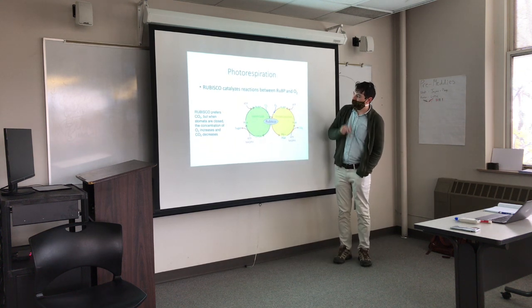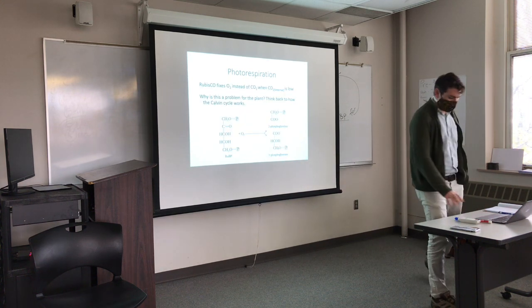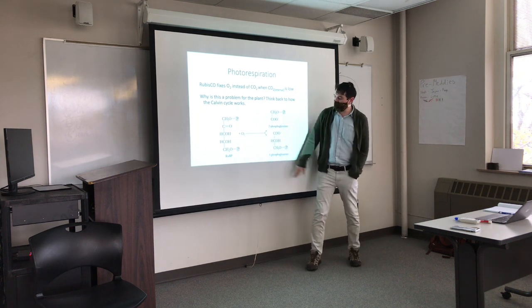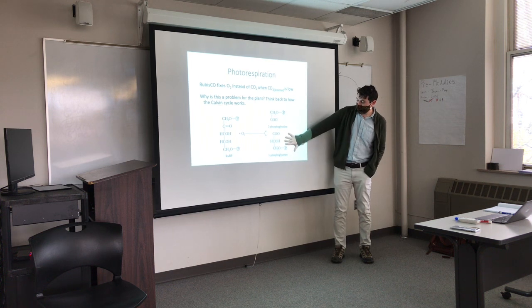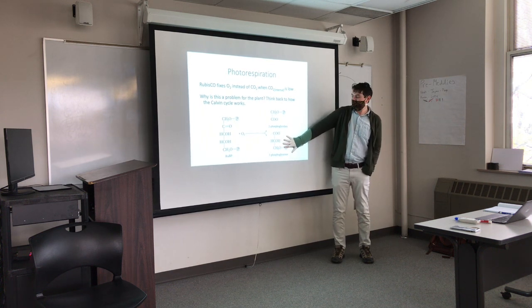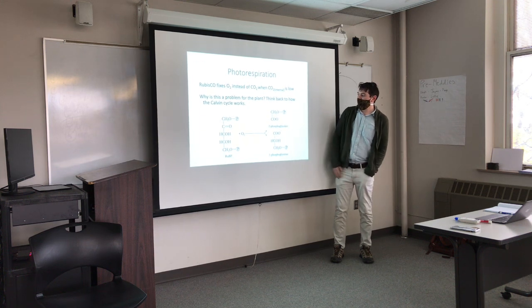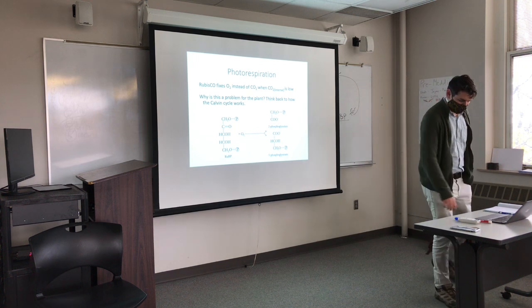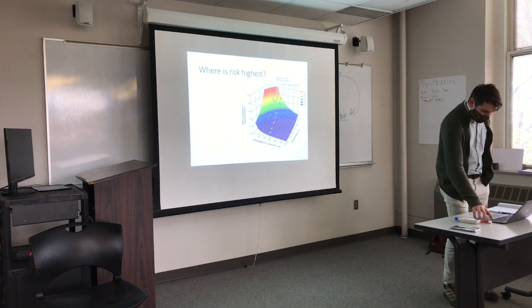And this is what we're going to see that C4 plants overcome. Here's another way of looking at this. We've got RuBP, that 5-carbon molecule, plus oxygen instead of carbon dioxide, gives you 3-PGA, a good thing, but also this 2-carbon molecule here, which the plant can't use for synthesis of sugars. Oh, sorry, here we go.